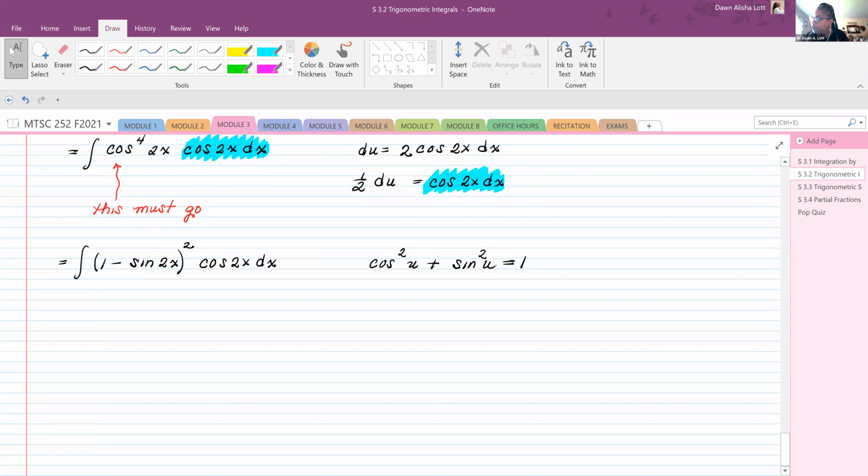So now this becomes the integral of 1 minus u squared, this should be squared, 1 minus u squared squared, times, and this should be 1/2 du.